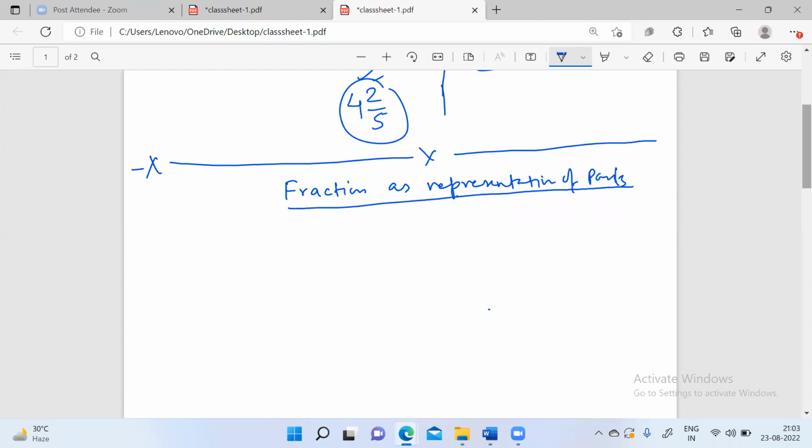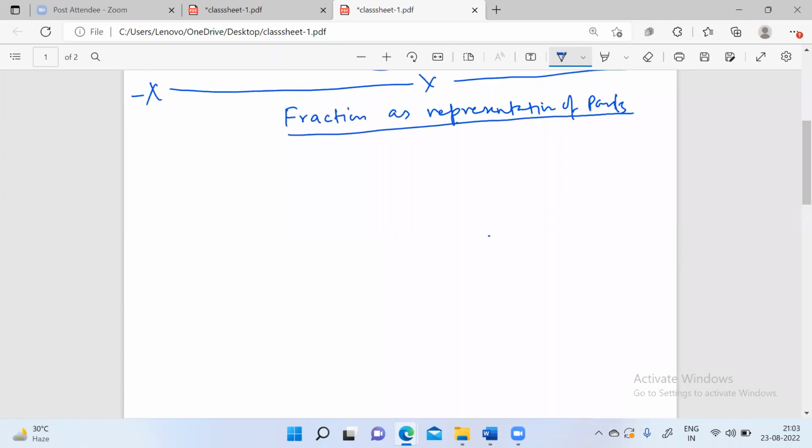Okay? So let's say this is a circle and I have darkened this part of the circle. If I ask you what part of the circle is dark, what will you say? 1 by 2.